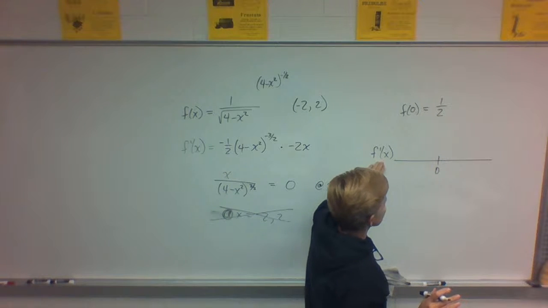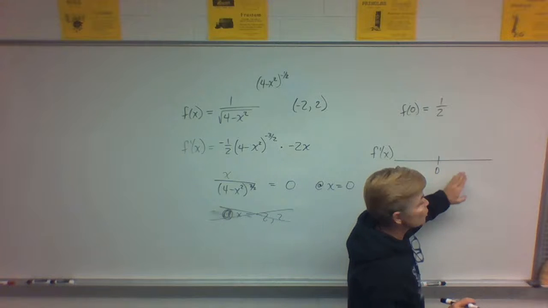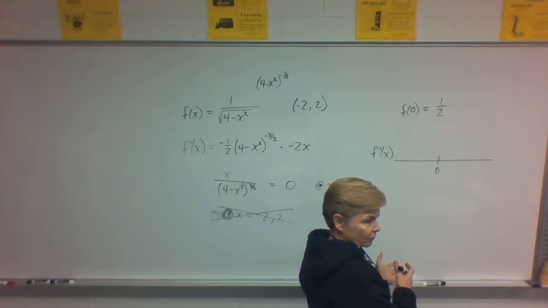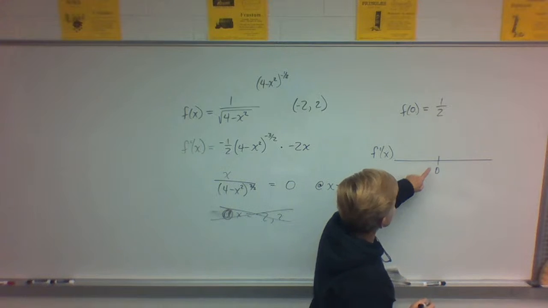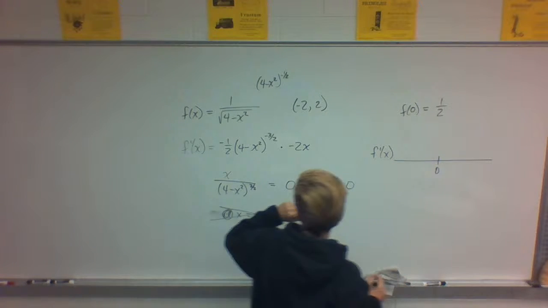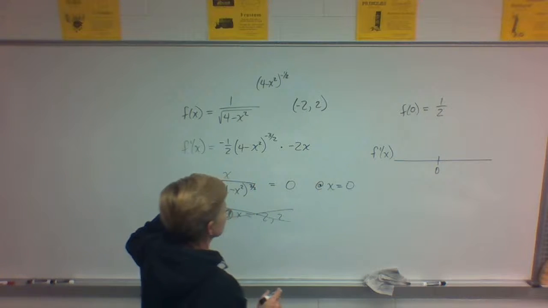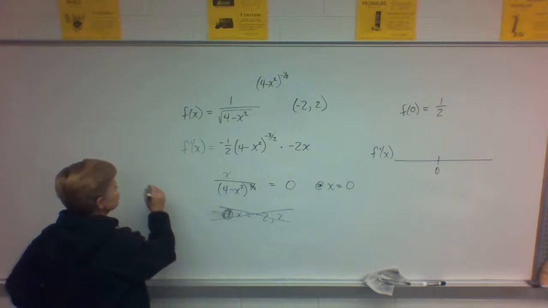We use the derivative on either side of that critical value to determine whether it's a max or min on paper, not graphically. Here's how you do it. You choose a number in the region to the left of that critical value, such as -1, and you plug it in.